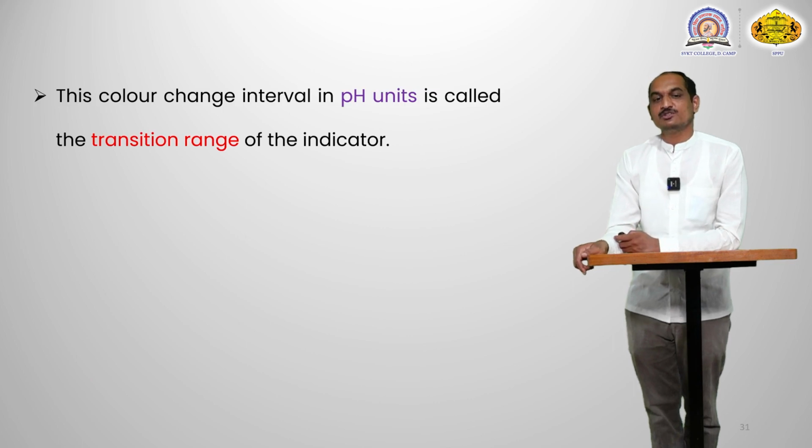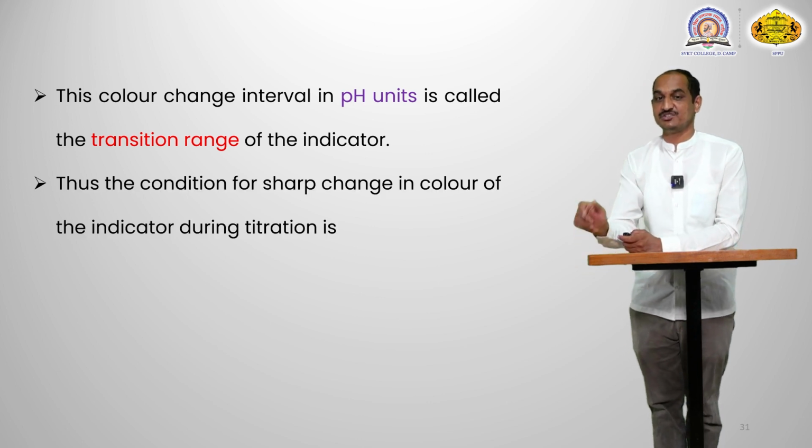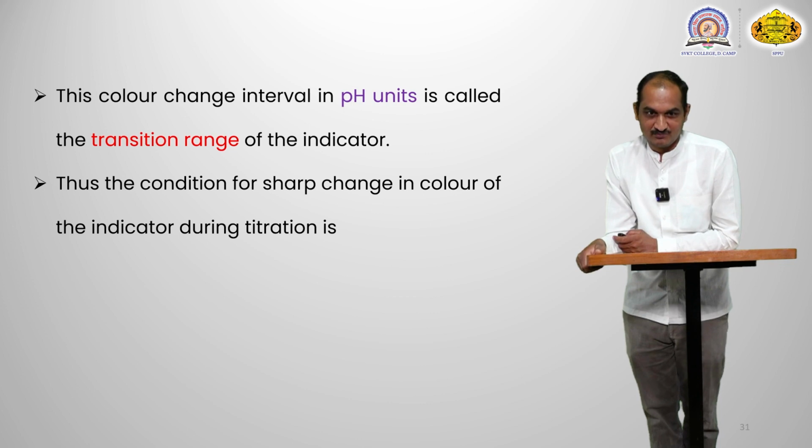So this color change interval in pH units is called the transition range of the indicator. There is another term, transition range of the indicator.